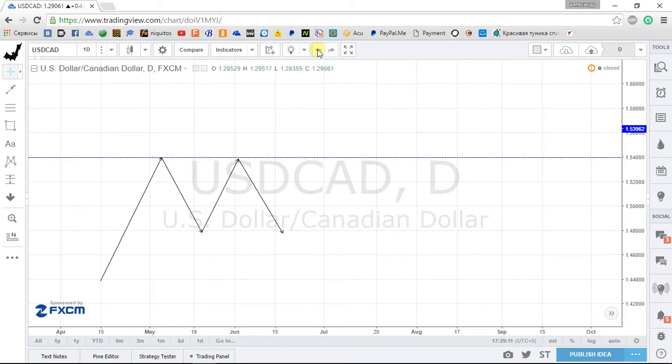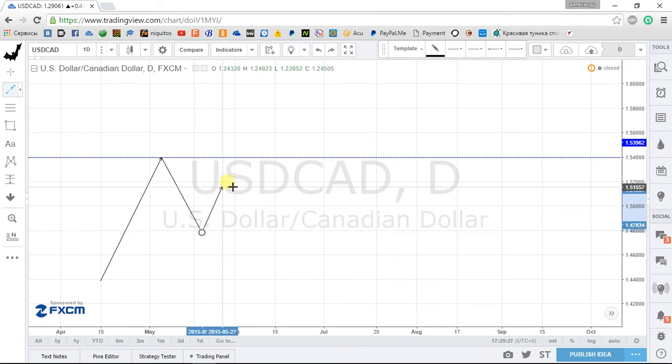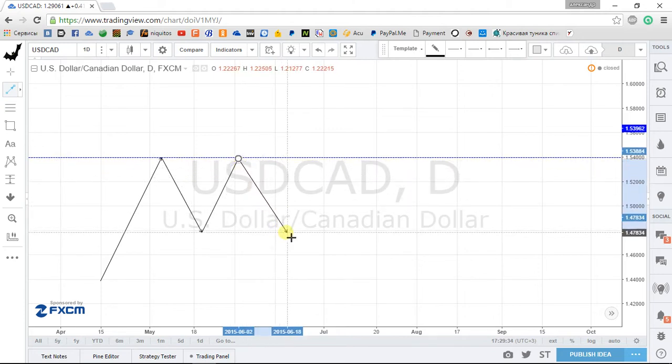Okay, so what are the features of these levels? The first and most important feature is that the market will most likely bounce off this level. If it bounced once, and then price comes to this level again, we have more than 60% probability that price will bounce off this level again, almost 70.